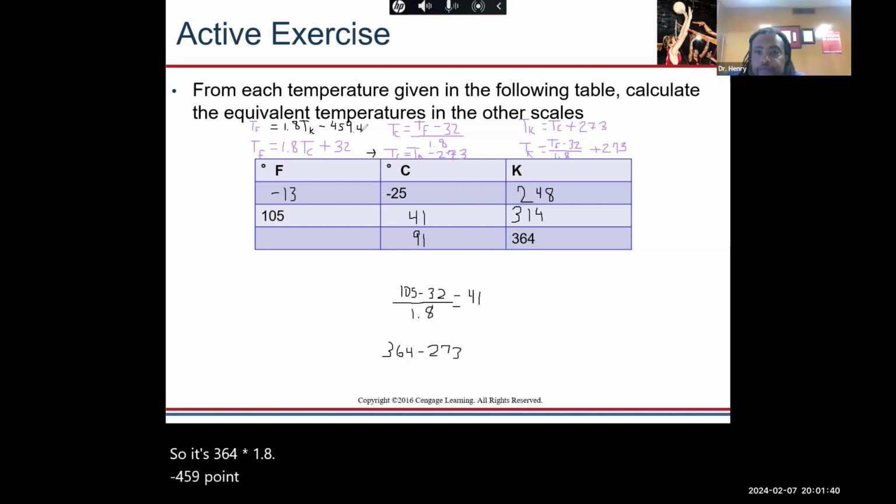Yep, that's it. And so that last number is going to be approximately 196.